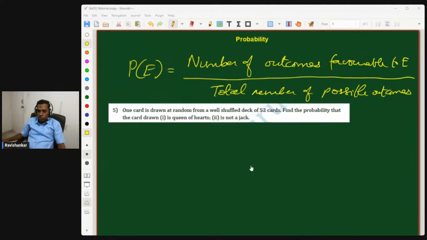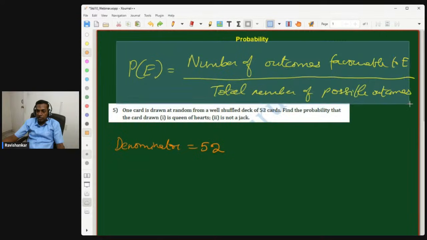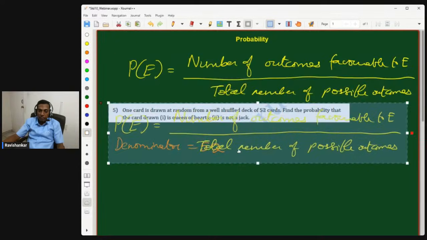Okay, most students have got this right. Very, very good. So the answer here is not very difficult at all. You have 52 cards, so the total number, the denominator, is 52. The total number of all possible outcomes. It's worth writing this formula every time.